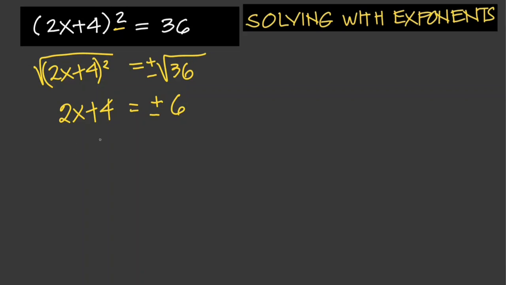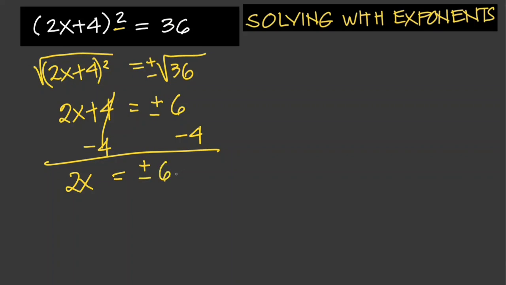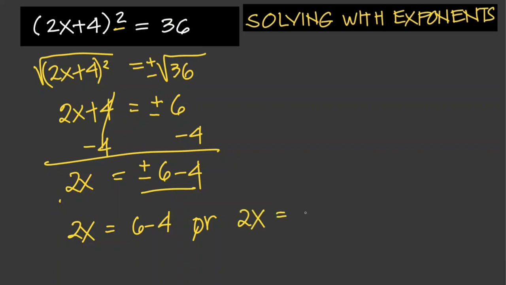Then we simplify. We subtract 4 from both sides, so we get 2x equals plus or minus 6 minus 4. So we have 2x equals 6 minus 4, or 2x equals negative 6 minus 4.